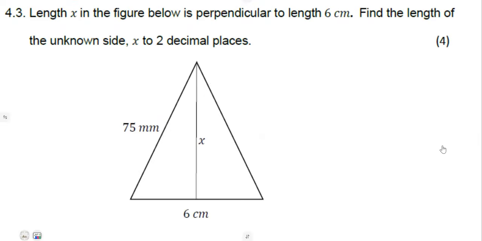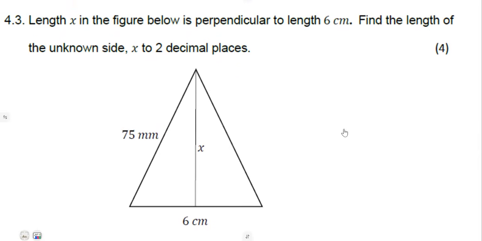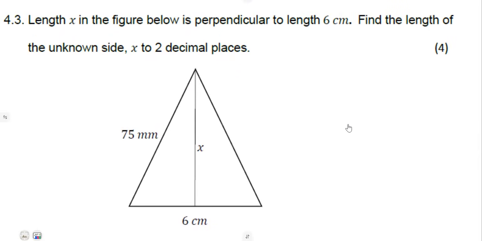All right. Anyways, I don't know, guys, on your side. Let's see on question 4.3. Let x in the fig below. All right. Let x in the fig below is a perpendicular to. This statement does not make sense. They just said let x be the perpendicular height to this. All right. But anyways, it makes sense the way that we just understand. They are saying this one is at 90 degrees.